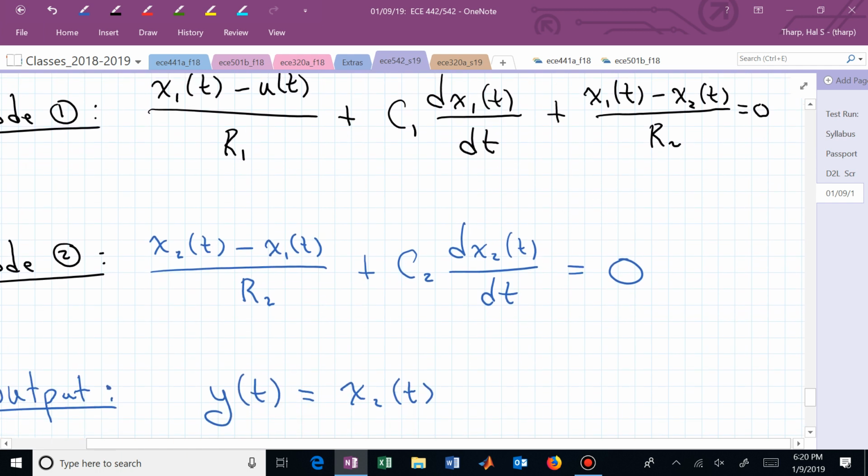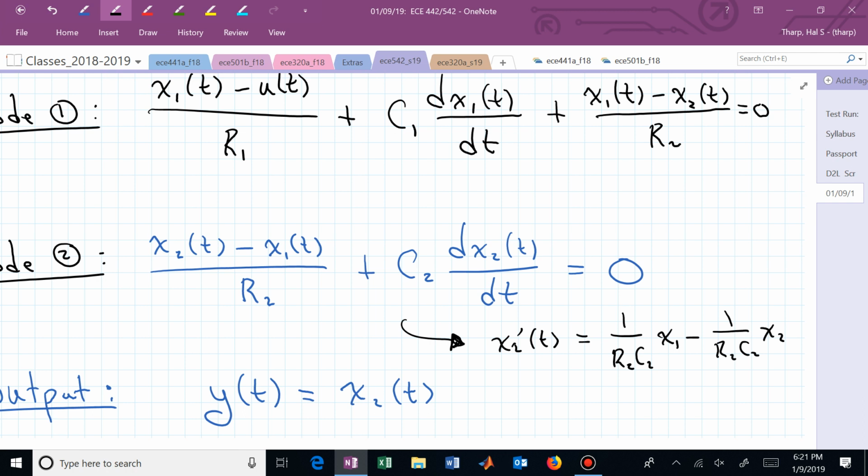Do you see what I'm trying to say? I'm trying to say that this equation leads to x2 prime is now 1 over r2c2 x1 minus 1 over r2c2 x2 if you solved that for dx2 dt.